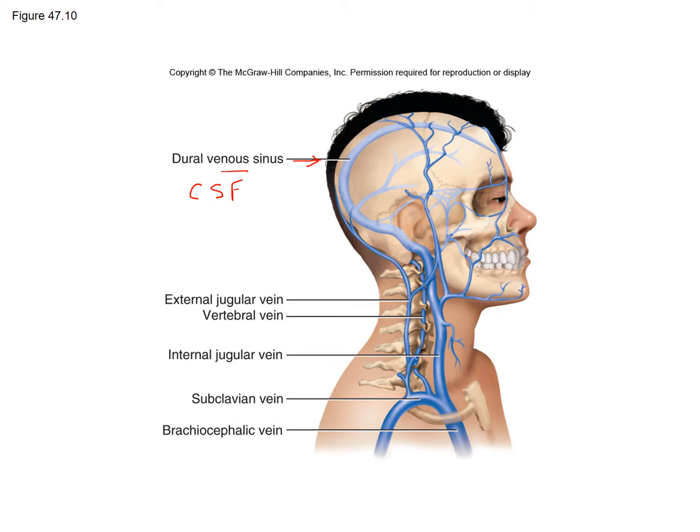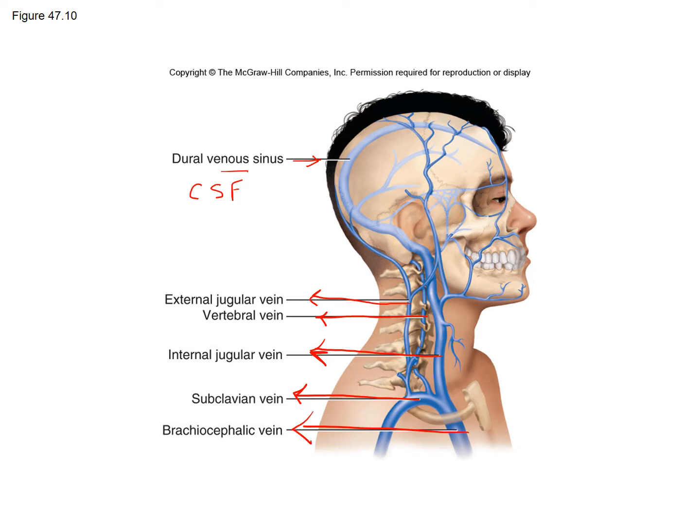Here you're gonna find the external jugular vein, and again this is the vertebral vein, like you remember the vertebral artery. This will be the internal jugular vein, and this will be the subclavian and the brachiocephalic vein.